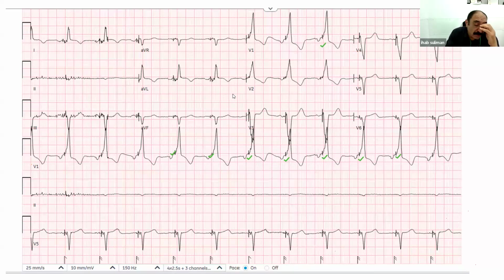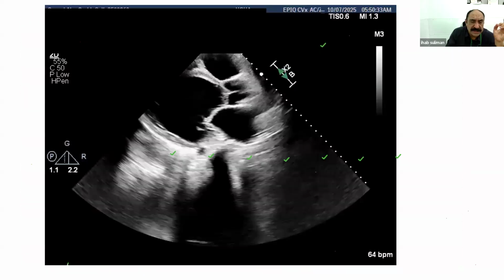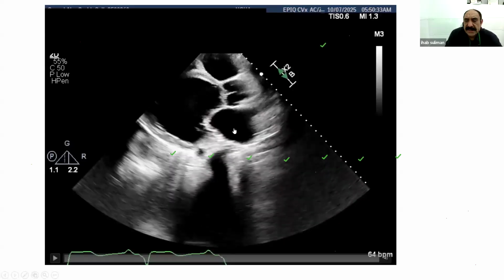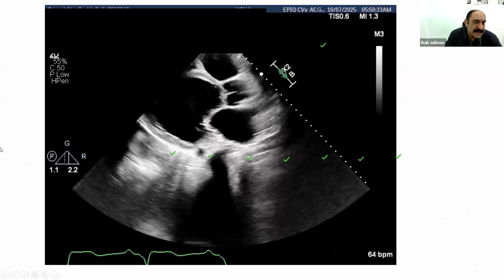So this is a patient who has cardiomyopathy. He is on AICD, CRT-D, and he came with severe cardiogenic shock and hypotension. And I am going to show you his echo. So this is the echo. This is what we call a long axis parasternal view.